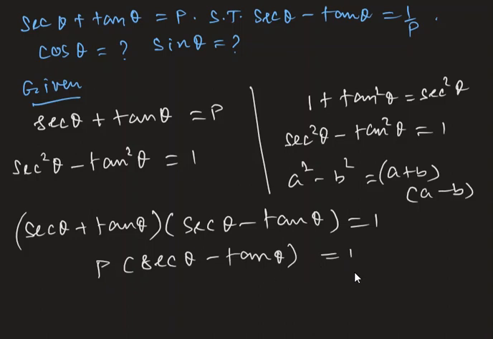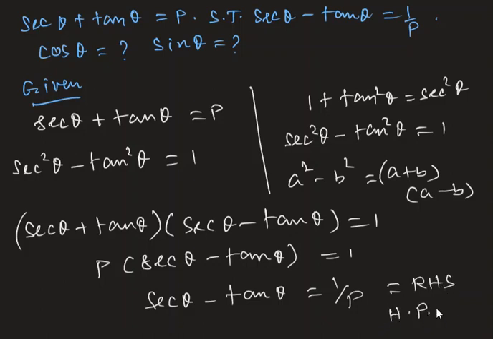Therefore, we can bring this P to the denominator. So secant theta minus tan theta is equal to 1 by P. So that is the proof. Are you able to follow? So LHS is equal to RHS, hence the proof. Okay, right.